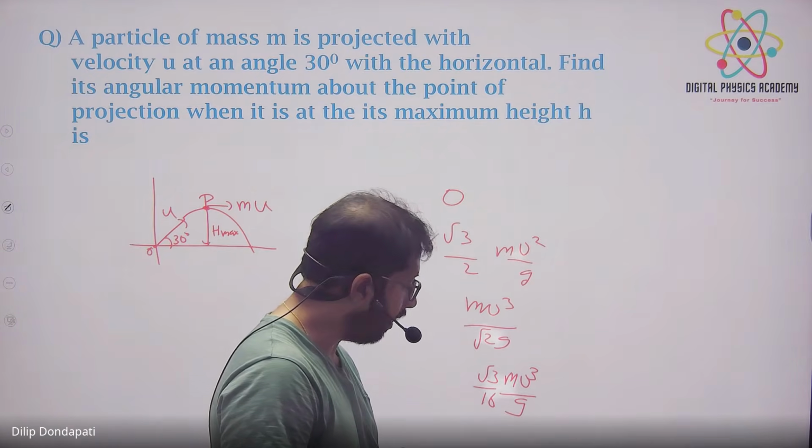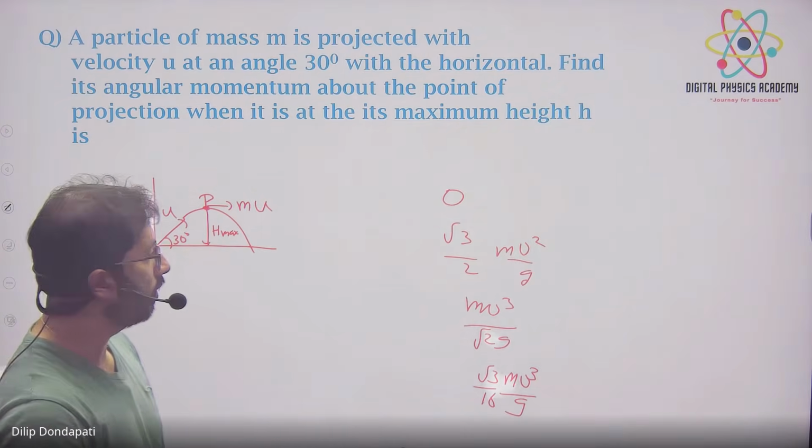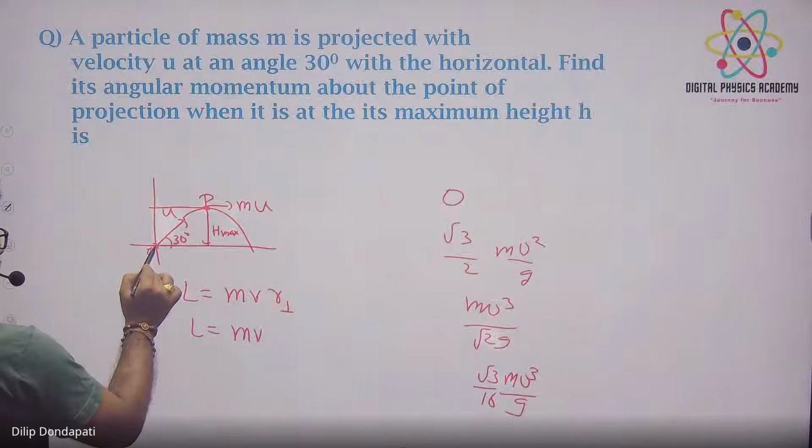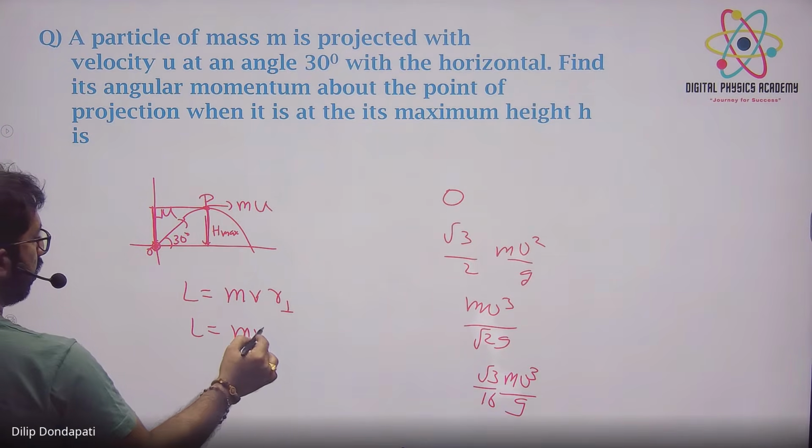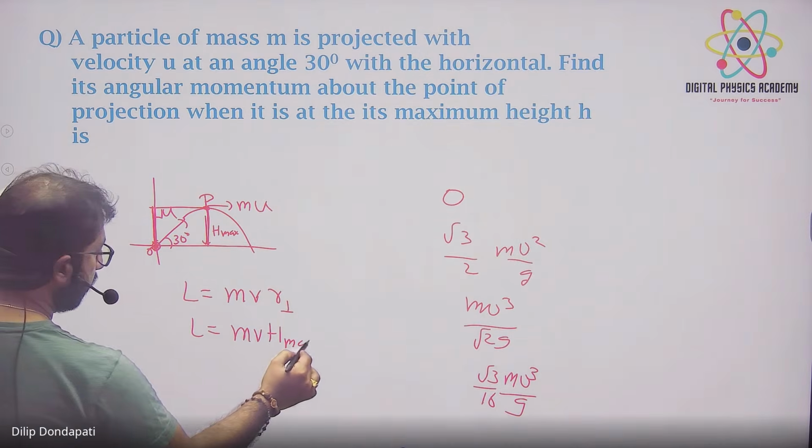Sir, once we get range, we have to half it, right? रेंज का half कर रहे हैं भाई, range you are finding. So, because we have to find the horizontal distance and vertical distance, right? To find r, from this point only we are seeing, right? This is r perpendicular. This is nothing but maximum height only. H max.